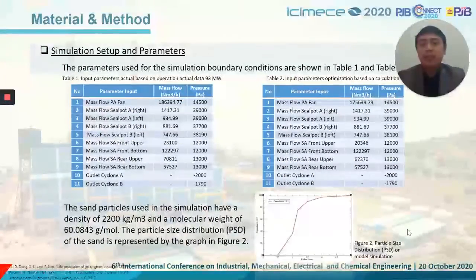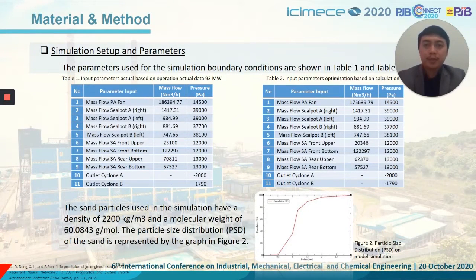And the next is about simulation setup and parameters. The parameters used for the simulation boundary condition are shown in Table 1 and Table 2. The simulation is carried out by assuming isothermal condition, where the temperature value is considered constant at 1070 Kelvin.